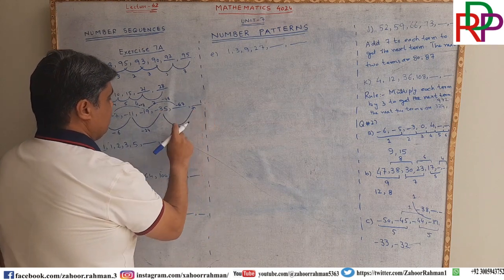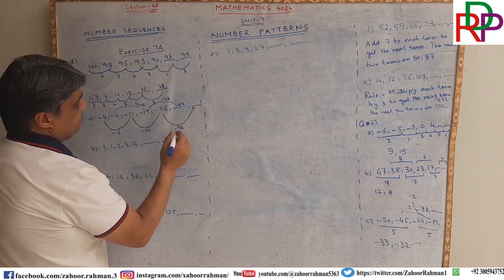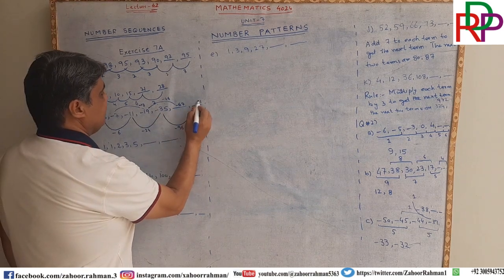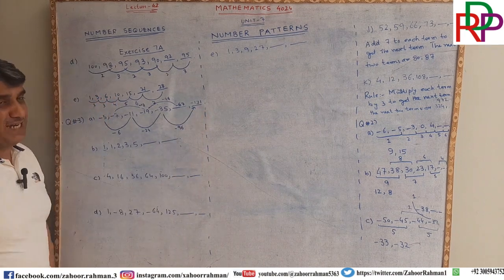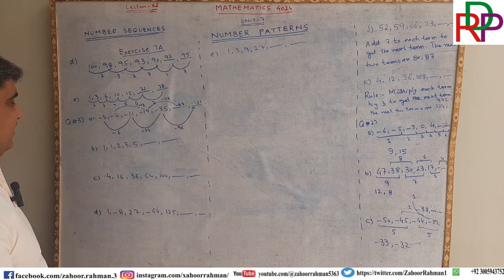So 1 and 12 and 9 and 3 is 12 and 13, minus 131. So minus 67 and minus 131 are the answers of these.